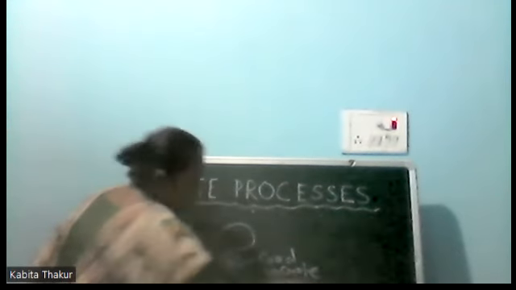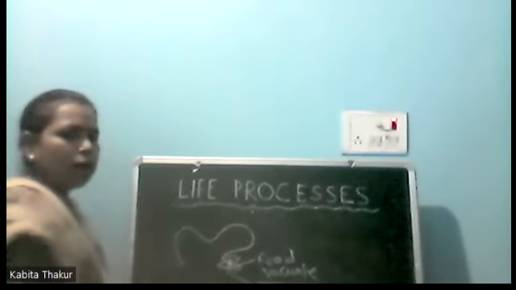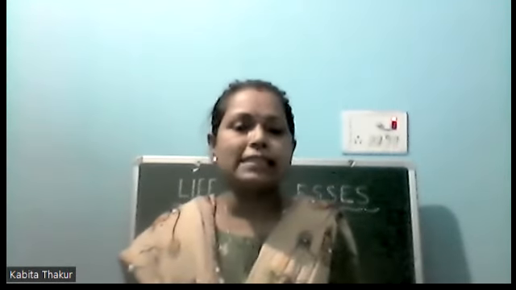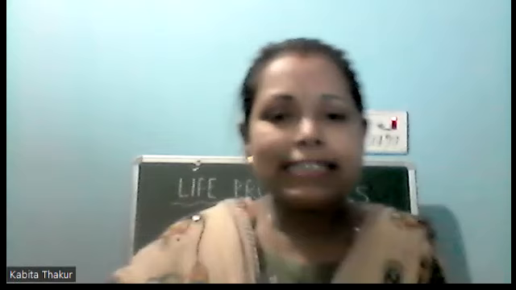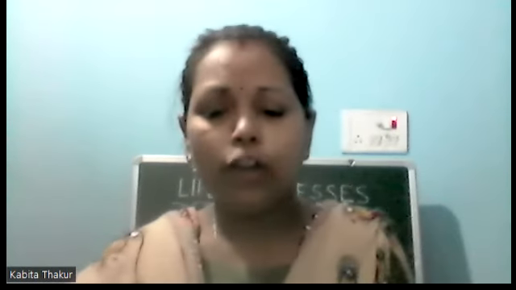So what the amoeba is doing? It is developing false feet, that is called pseudopodia, and then it is engulfing the food material. So taking in of food material, that is called ingestion. इसको हम लोग ingestion कहते हैं। So here amoeba is taking the food by developing false feet. So this one is ingestion.